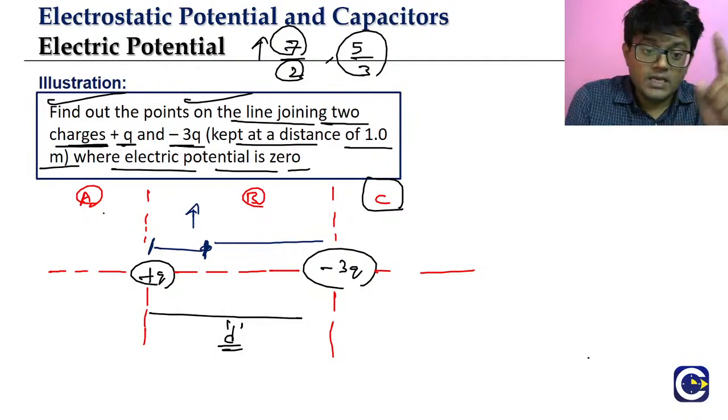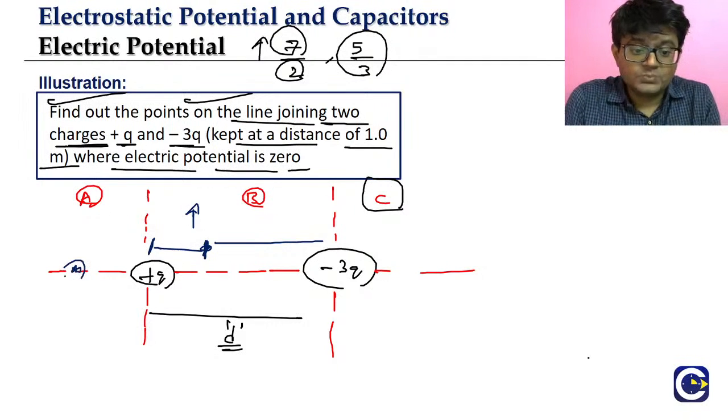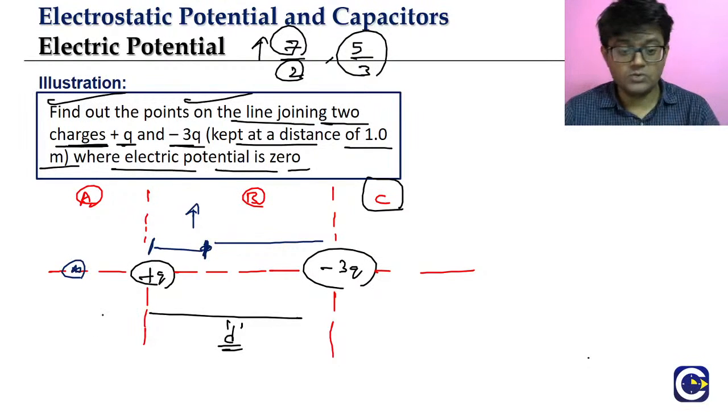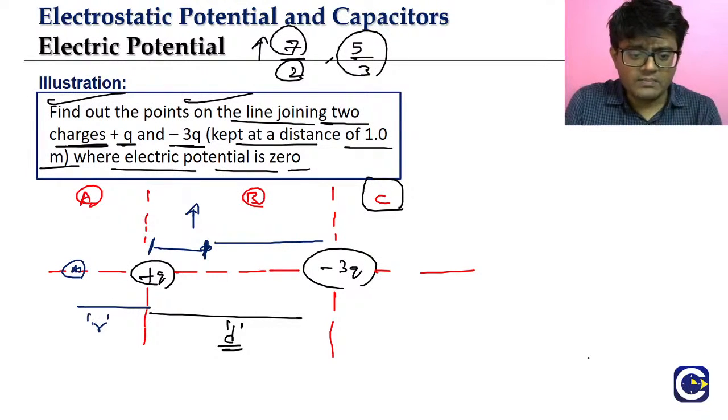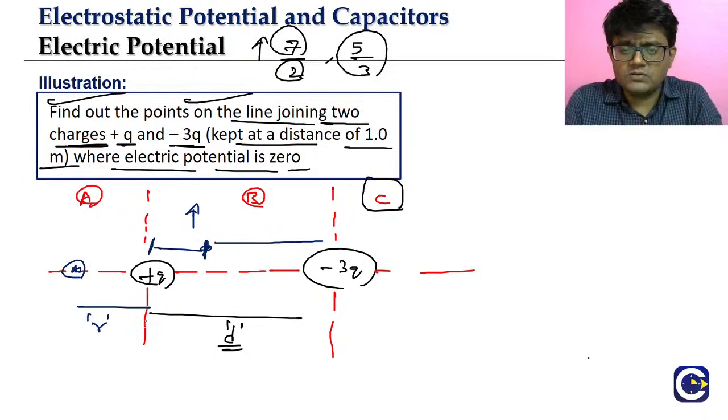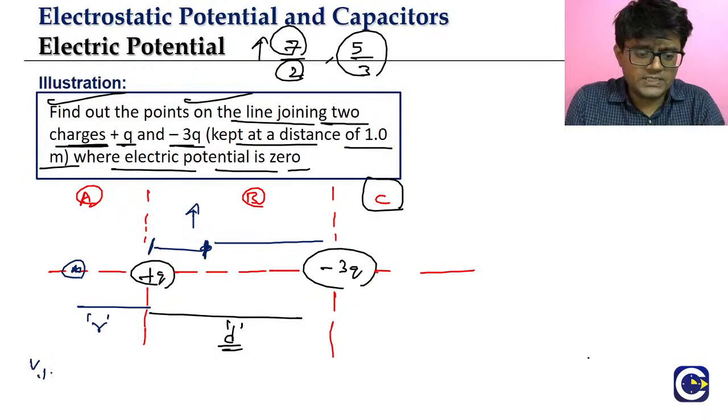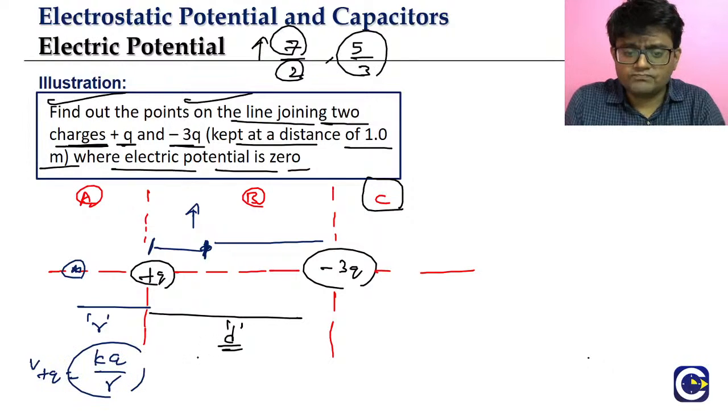Region A also, you will have a point where the potential can become 0. Look here, we will mark a point at distance r from the plus q. The potential because of plus q is kq by r.